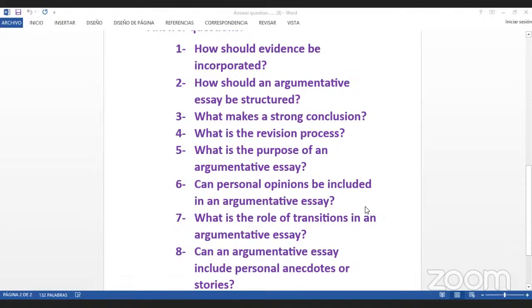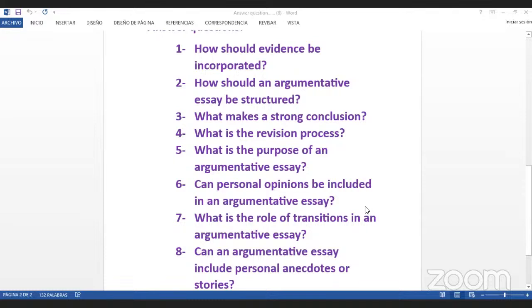The body paragraphs should present the main arguments or points, each in a separate paragraph. Each paragraph should start with a topic sentence, provide evidence and examples, and explain how the evidence supports the argument. Okay? Then the counter arguments and the refutation: acknowledge and address opposing viewpoints, presenting the counter arguments to strengthen the overall argument.